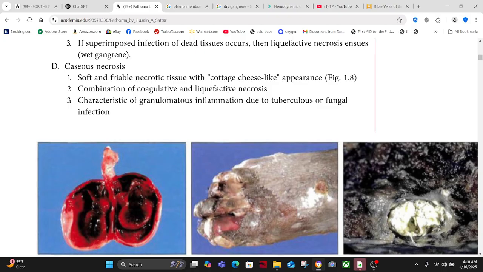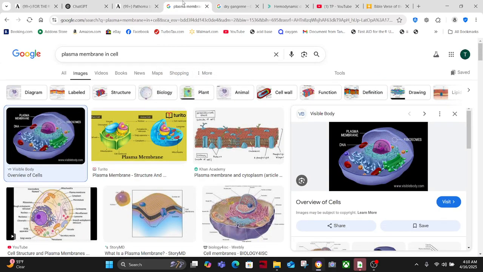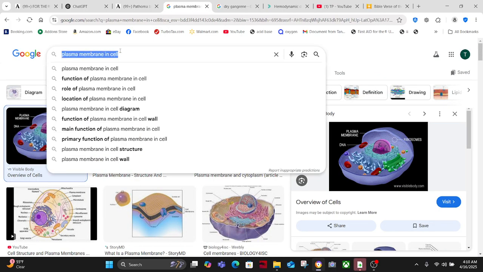That'll be caseous necrosis: soft necrotic tissue with cottage cheese-like appearance. If you don't know what cottage cheese looks like, this is cottage cheese.